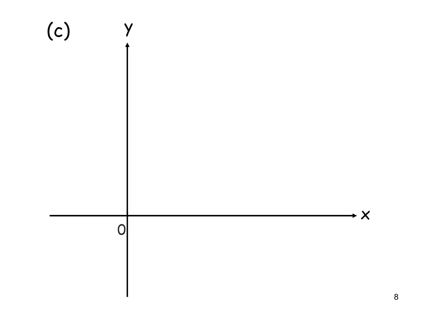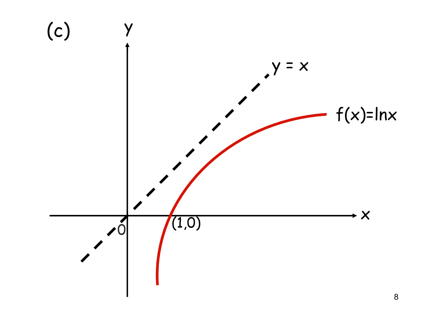Alright, so we start sketching the graph. It's up to you whether you want to start with the exponential function or the log function. First, this one is a log function, ln x, and then we have y equals x, the reflection line.